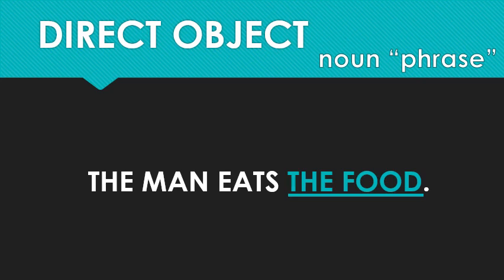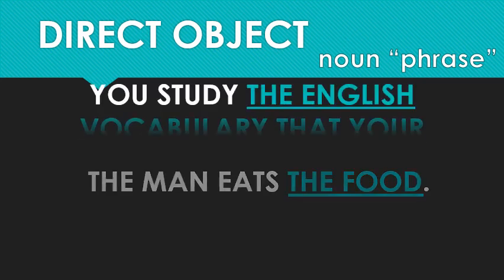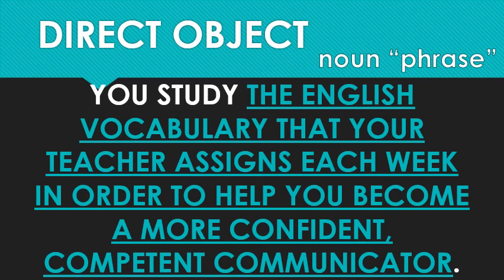So noun phrases can be short, they can be medium, or they can be super, super long. You study the English vocabulary that your teacher assigns each week in order to help you become a more confident, competent communicator. Okay? Believe it or not, all of that is, depending on how you read the sentence, a direct object. Okay, you is the subject, study the verb, and the rest is one big noun phrase.